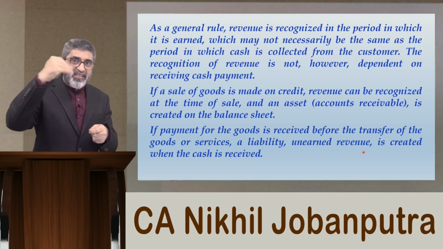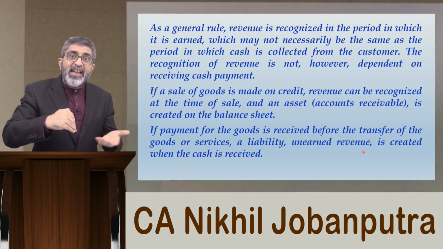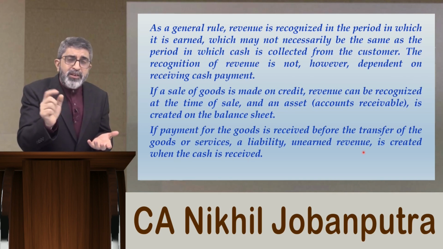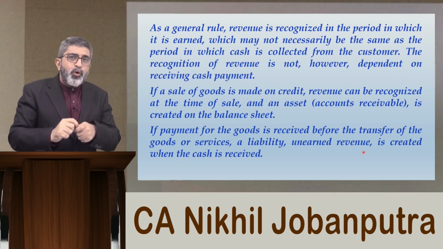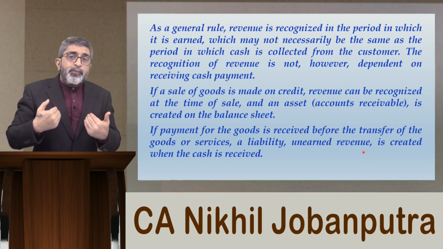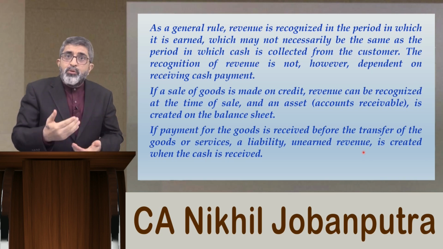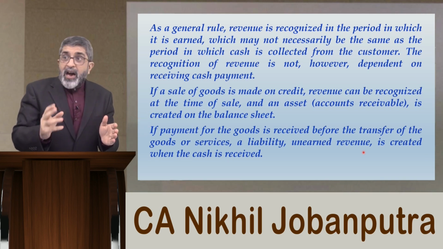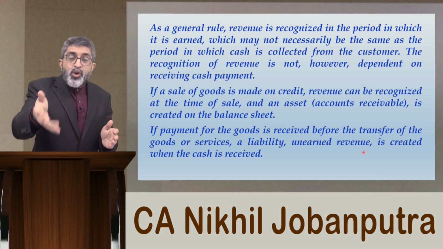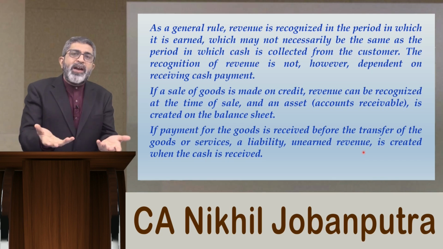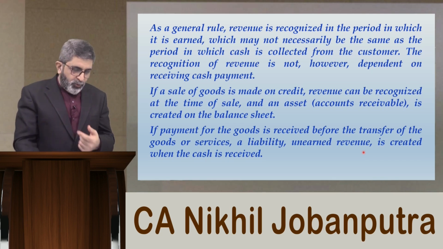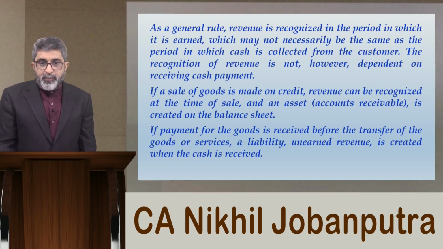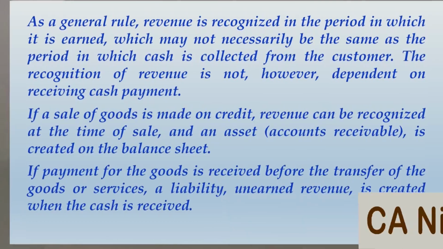When money has come first and the sale has not happened, it is to be treated as an advance receipt and not the revenue, and therefore it is a liability upon me. To get rid of that liability, to extinguish that liability from my balance sheet, I have to either give you back that money or I have to provide you the goods that I have promised. So I would want you to take note of these important points, and then I take you ahead.